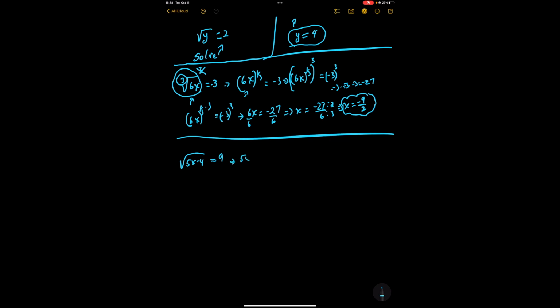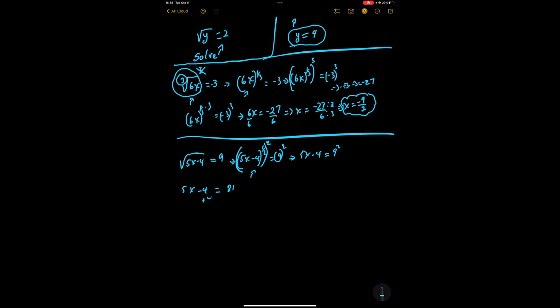That will be 5x minus 4 to the power of half equals 9. Then I'm going to raise this to a power of 2. So that will be 5x minus 4 equals 9 squared, right? And so I have 5x minus 4, my bad, equals 81.